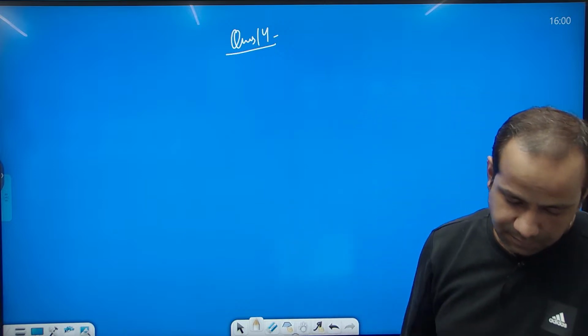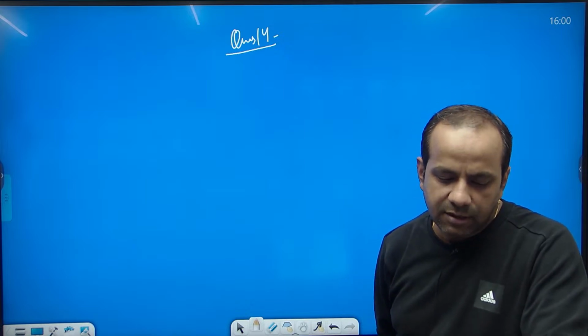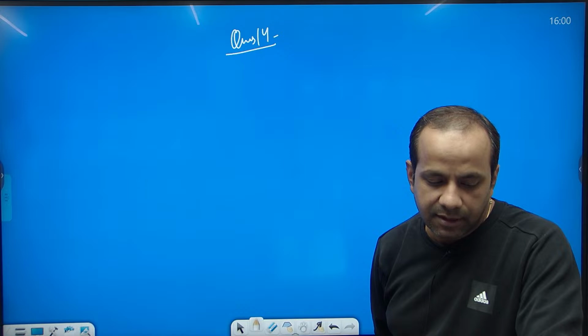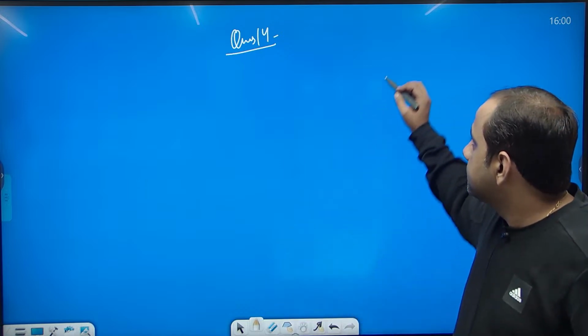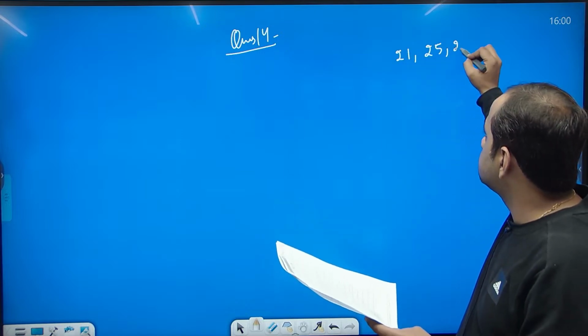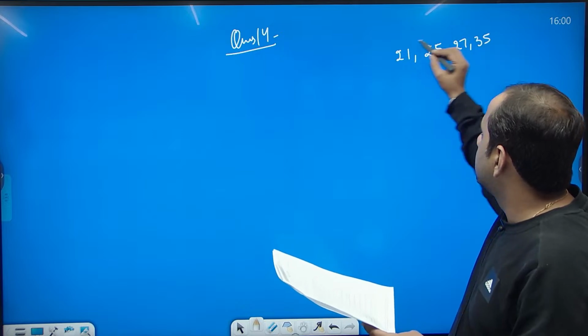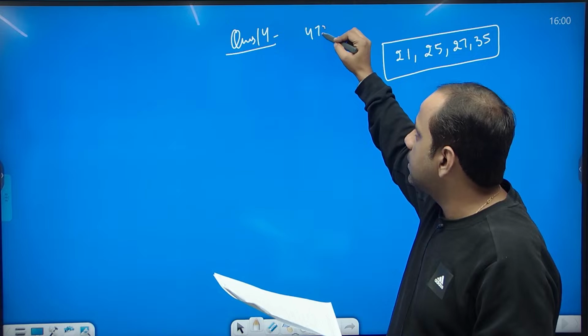What is the least number that must be added to 4722 so that it becomes divisible by 21, 25, 27 and 35. 21, 25, 27 and 35 इन सब से डिवाइड हो जाए 4722 में क्या ऐड किया जाए.